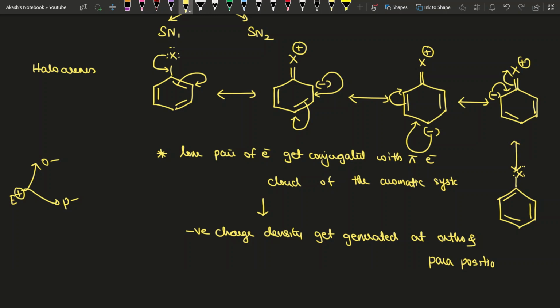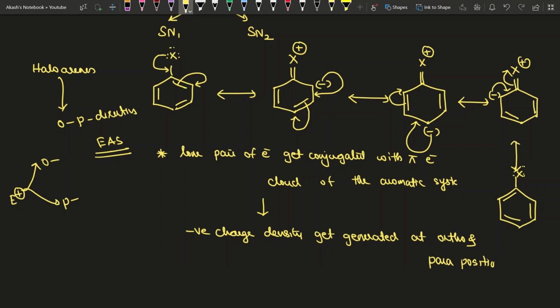So as a result of resonance, negative charge density is generated at the ortho and para position. Since negative charge density in the benzene ring increased, an electrophile can be substituted very easily at the ortho and para position. That is why haloarenes are ortho-para directing in an electrophilic aromatic substitution reaction.